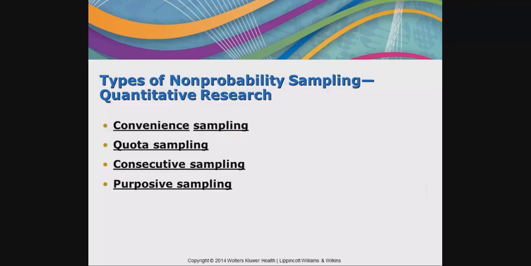So first of all, let's talk about non-probability sampling in quantitative research. There again, this is going to be in your quasi-experimental and descriptive types of studies. And you need to know these. There's convenience sampling. These are on page 178. You use what you have. You use who you have before you.